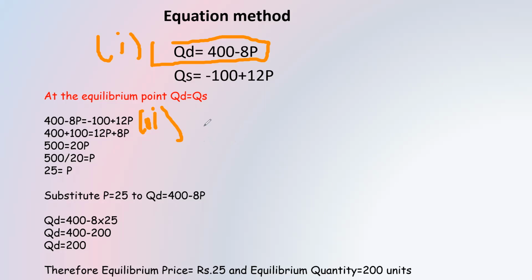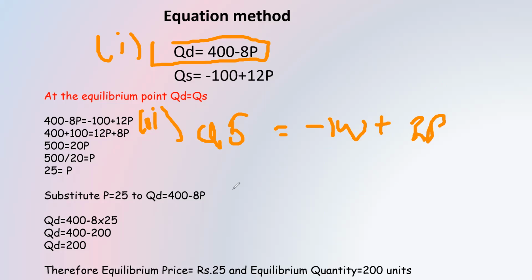If we change QS, for example minus 100 plus 2P, then calculate the new equilibrium price and quantity.